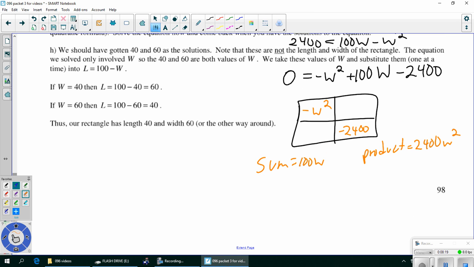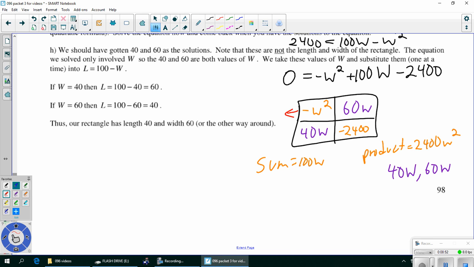I'm just going to jump to the answer here, but the answer in this case is 40W and 60W. Right? They multiply to 2400 and add up to 100. So we'll put them in the box. I really glossed over that step. It would, in theory, take a bunch of trial and error to find the two things that work. And instead of factoring, you'd be welcome to use the quadratic formula in this case if you wish.